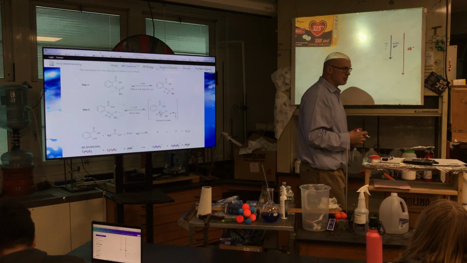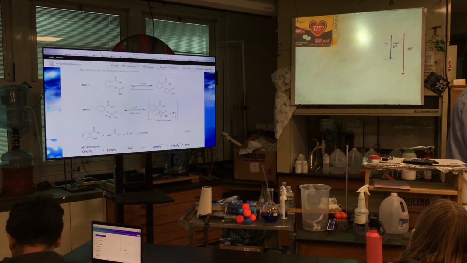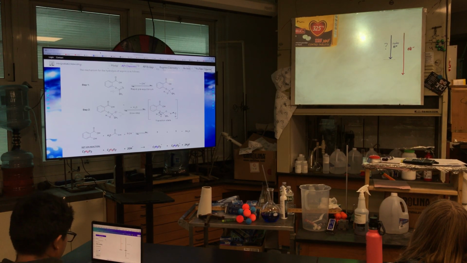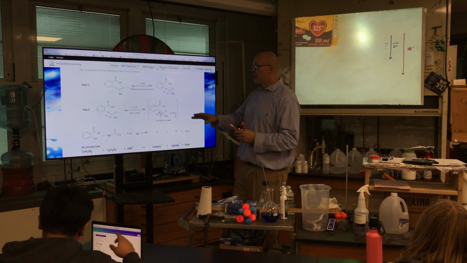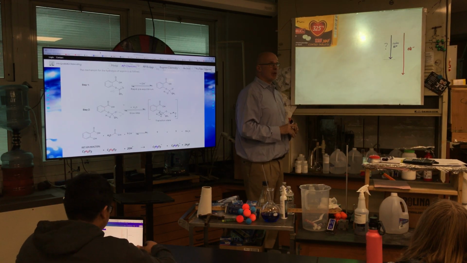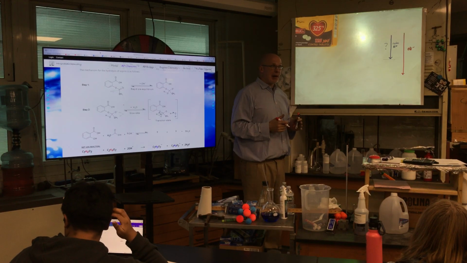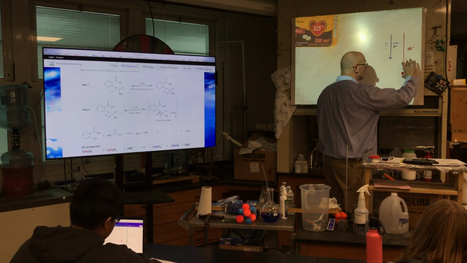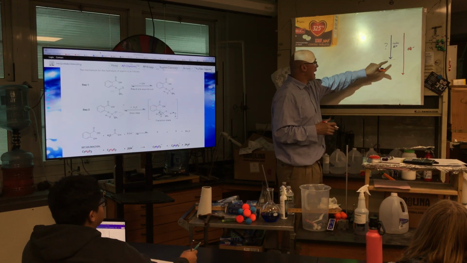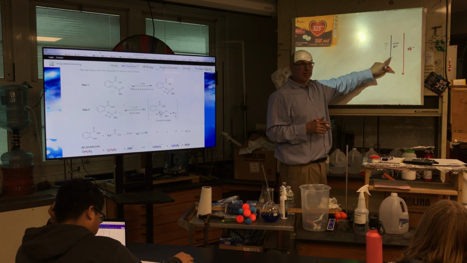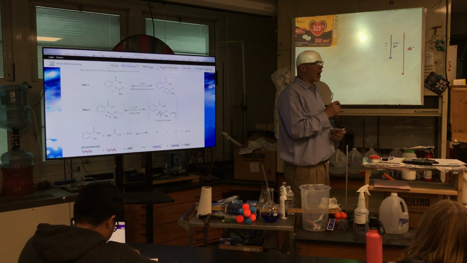We're going to stir and heat for about 15 minutes to allow the hydrolysis of the acetyl group. Then, because this is hydroxide, we're going to add protons to neutralize the excess base. So let's find a new color.